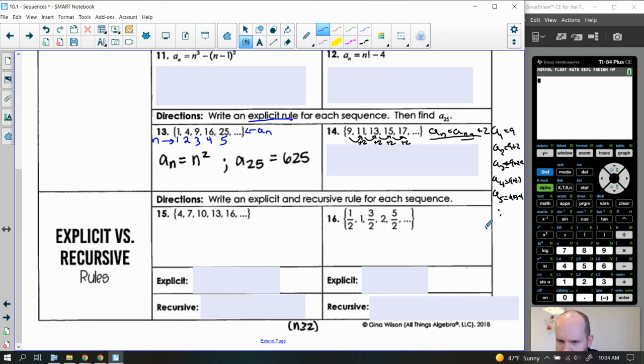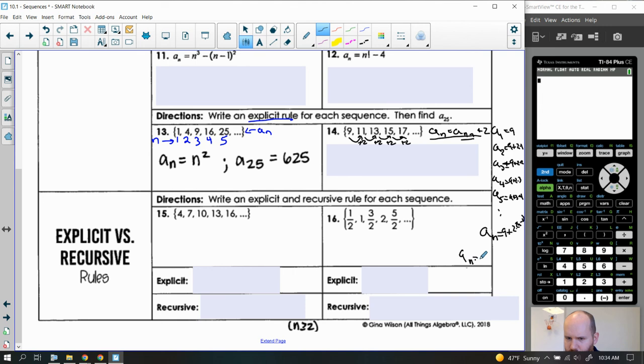So if I try to generalize that, I could take 9 and add to that 2 times, it seems like, 1 less than the term number. Here's 2 times 1, here is 2 times 2, here is 2 times 3, here's 2 times 4. So it looks like if I did 2 times n minus 1, that should give me n.